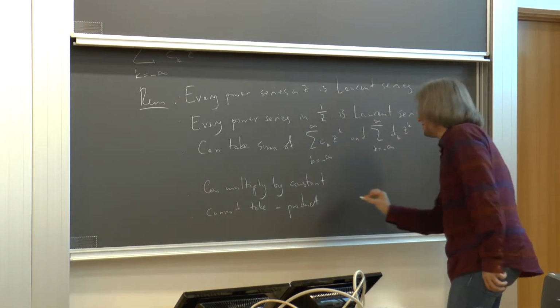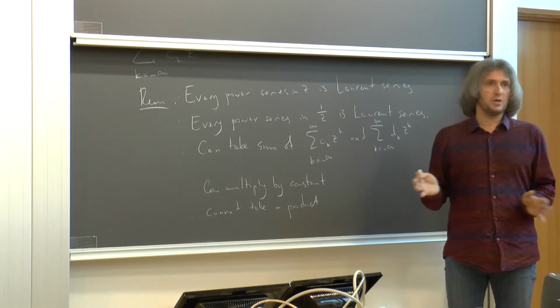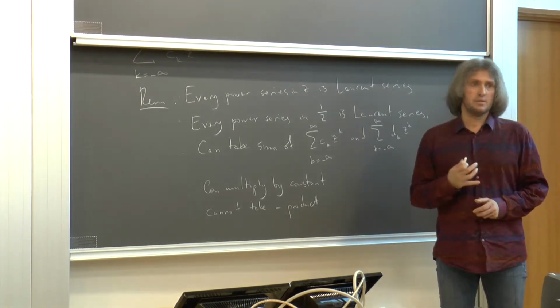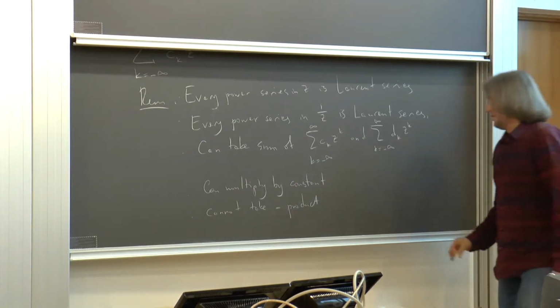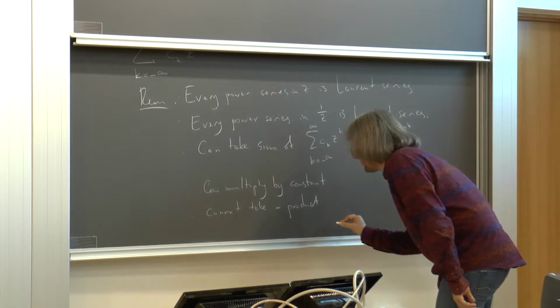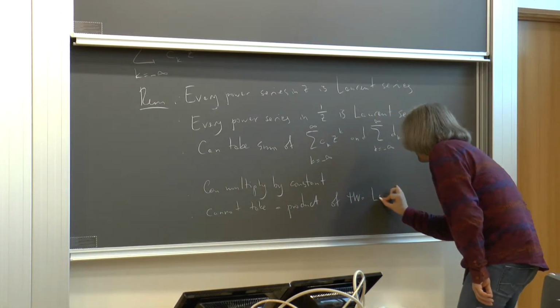Unlike usual power series. So for power series, like for polynomials, we can take product of two power series. It will be another power series. So Laurent series cannot be multiplied. Cannot take product of two Laurent series.